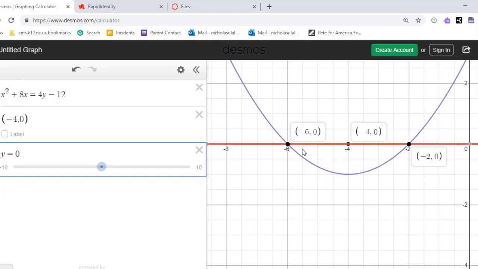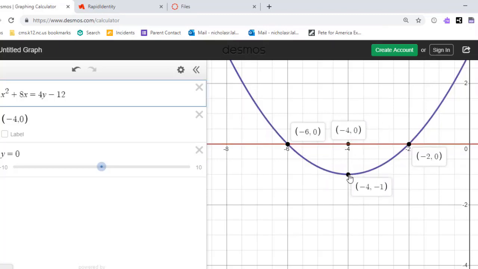For example, negative 4, 0, we solved it was the focus, but right now we'd just be testing the answer choice. One, this looks like the focus because it aligns with the vertex. And two, we draw a line perpendicular to the axis of symmetry that goes through our test point for our focus. And if the test focus is equidistant between 2 points on the parabola, then it is the focus.